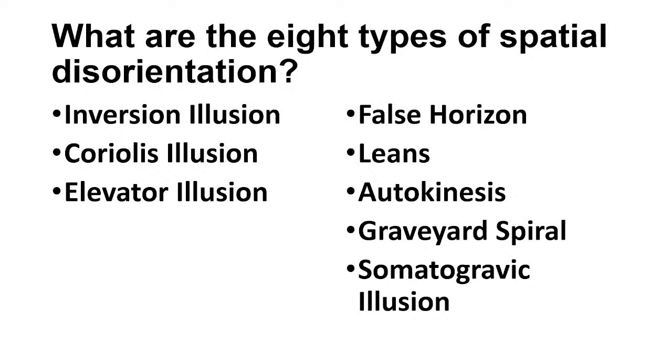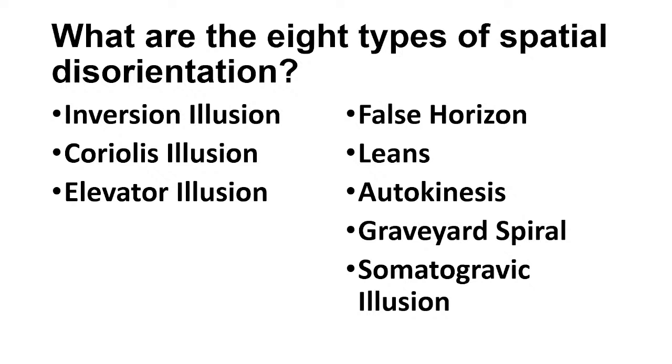There is actually an acronym for this. Oh, of course there is. ICE FLAGS. Because that makes perfect sense. So if you've got disorientation, it's ICE FLAGS. That's the reason that I made the slide all wonky and lopsided.